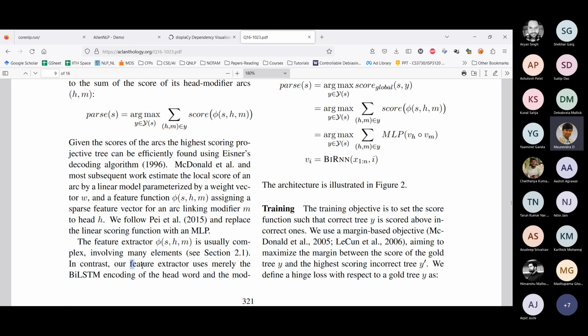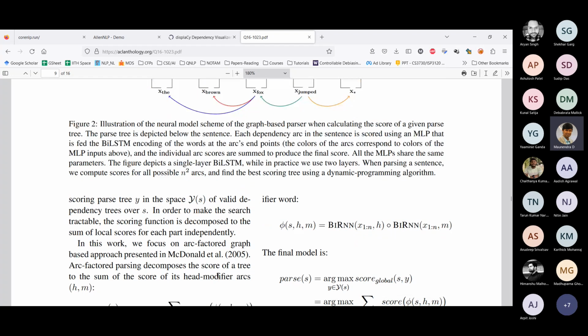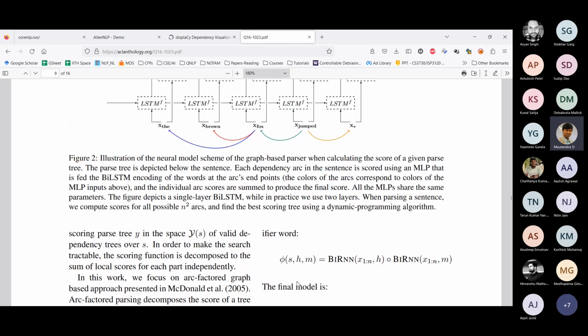The features extracted use the BiLSTM encoding of the head word and the modified word. So the feature is the RNN representation of the head h and the modifier m.